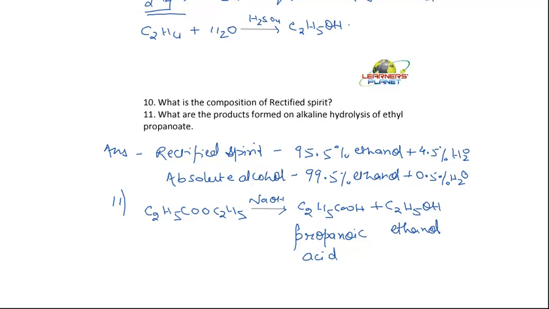Now let's take up our next question. Oh, so this was the last question. If I take up one more example of this, C3H7COOC2H5, and do its alkaline hydrolysis, that is in the presence of NaOH, I'll get C3H7COOH plus C2H5OH.